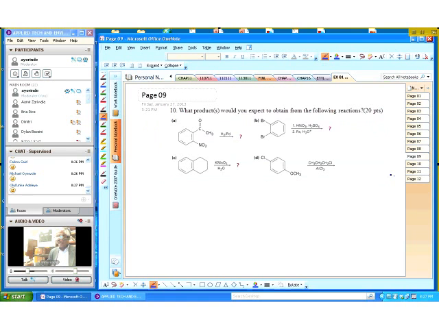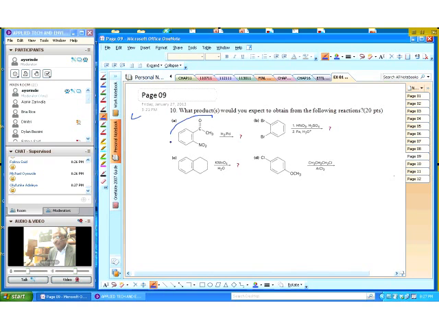Let's do number 10. Julian, go ahead and read this question for us. What products would you expect to obtain from the following reaction? This should be fairly easy also.